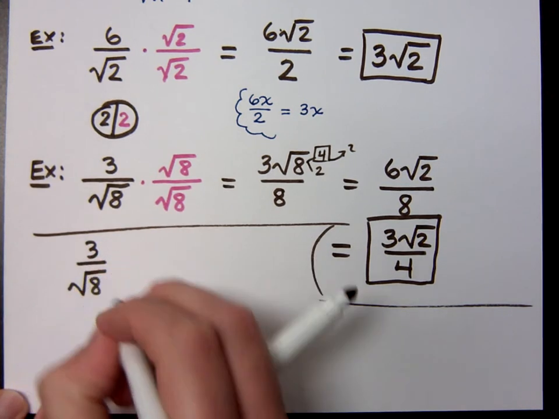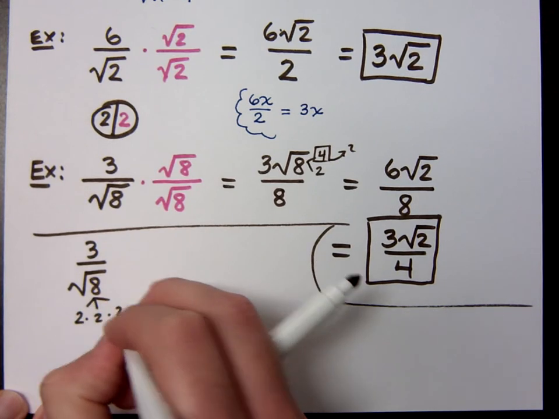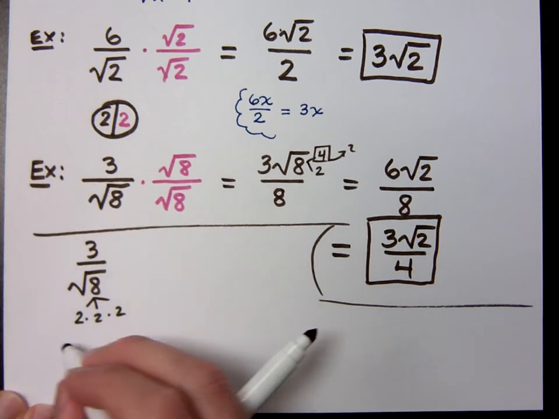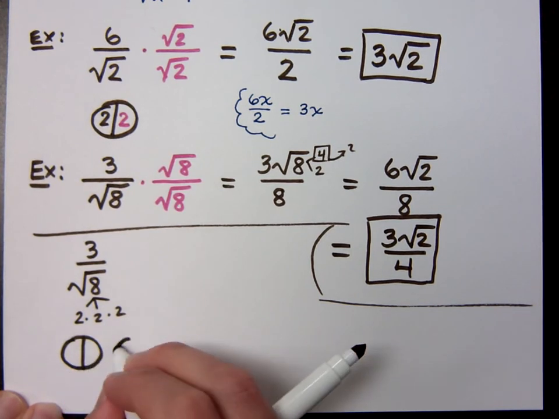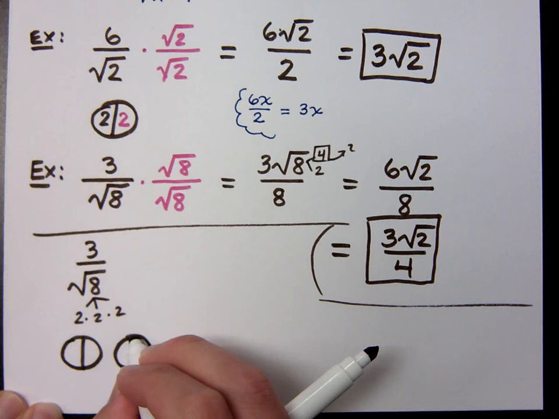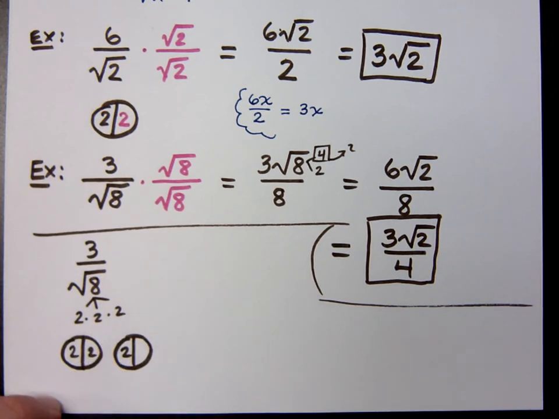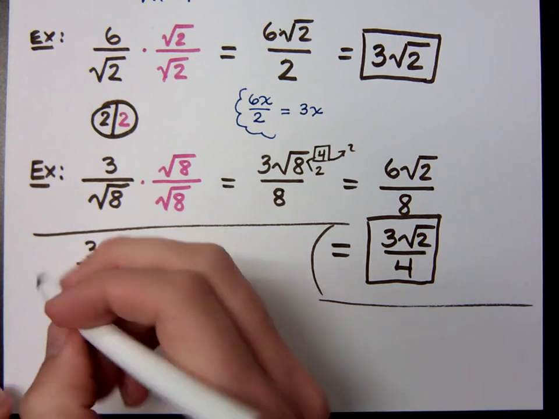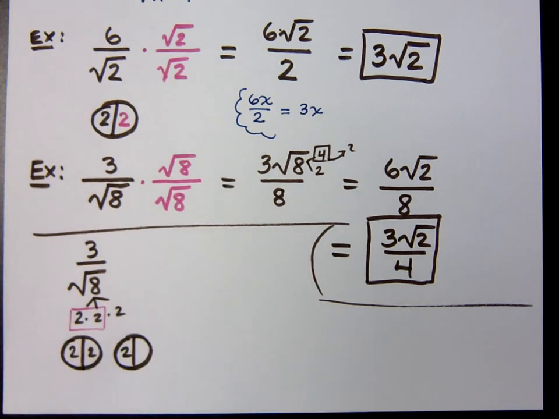If I look at 8, isn't 8 made up of 2 times 2 times 2? I'm dealing with the square root, which means I need perfect squares, which means I need 2 of the same factor. Well, I've got 2 times 2 times 2, so isn't that already a perfect square by itself?